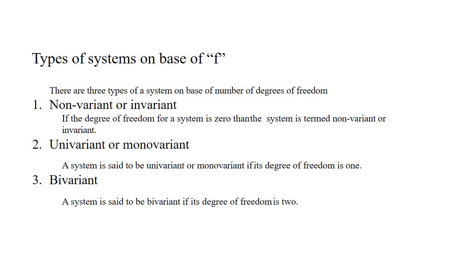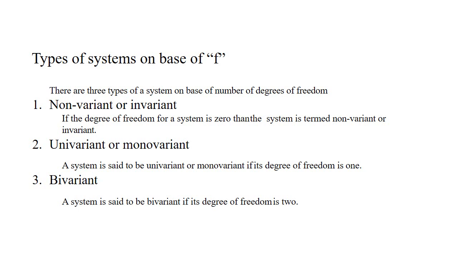Non-variant or invariant: if the degrees of freedom for a system is 0, then the system is termed a non-variant or invariant system. Univariant or monovariant system: if the degree of freedom for a system is 1, then the system is said to be univariant or monovariant.